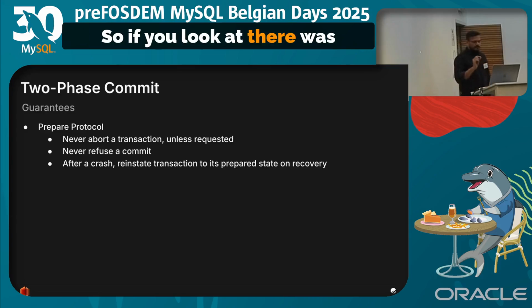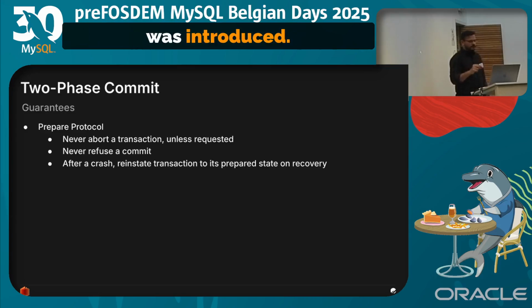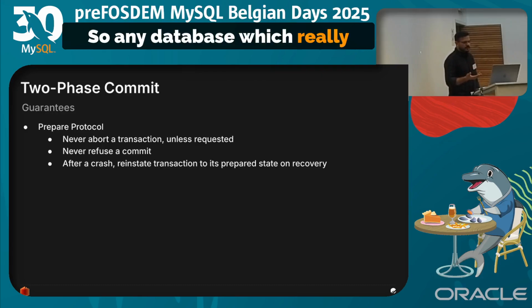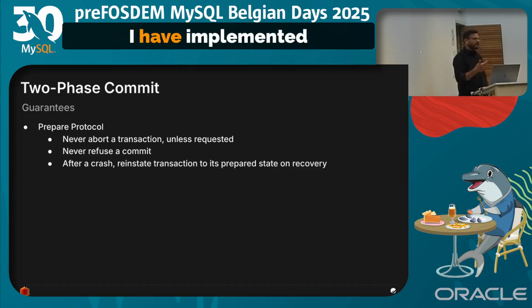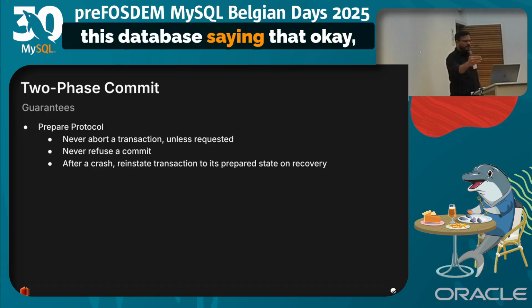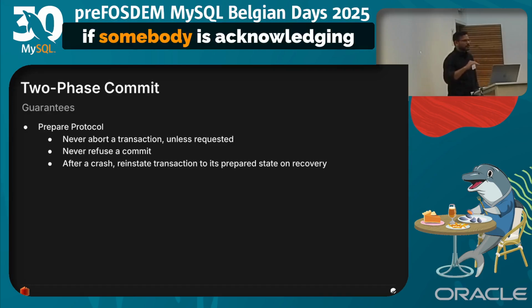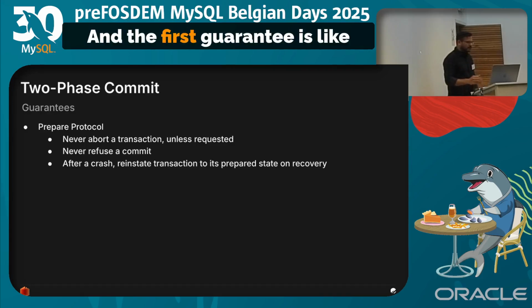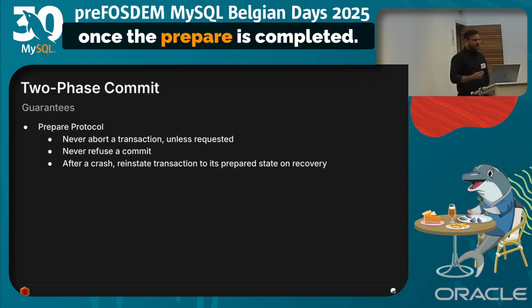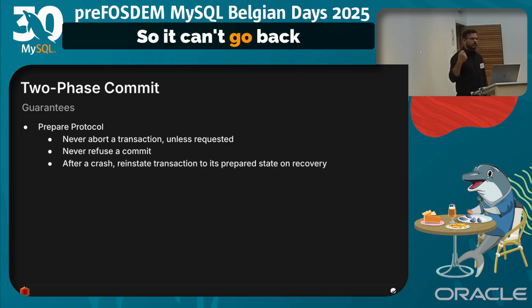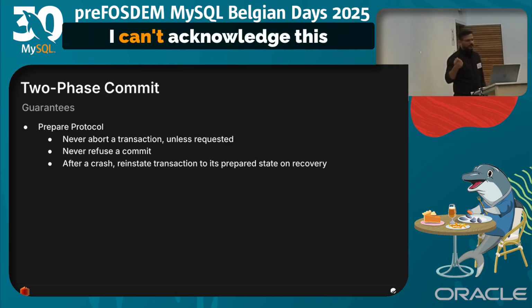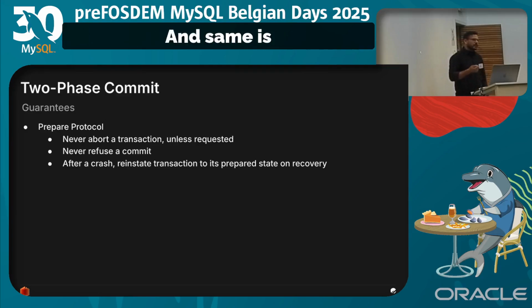So there was a prepare phase that was introduced. Any database which says, okay, I have implemented the prepare protocol, there are certain guarantees that it has to provide. This database is saying that, okay, I actually have this protocol implemented, so you can use it. So what are the guarantees that need to be there if somebody is acknowledging that they do prepare? The first guarantee is that it cannot abort the transaction once the prepare is completed. It can't go back and say, okay, I can't acknowledge this transaction anymore. And the same way, since you cannot abort the transaction, you also can't refuse a commit.